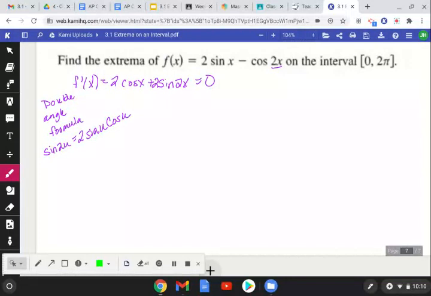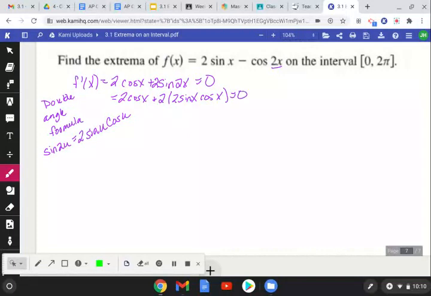So then if you look at the inside of those sine and cosine, they no longer are doubled. And so I can rewrite this as 2 cosine x because that's fine. And then plus 2 times my double angle formula, which is 2 sine, instead of u, we'll use x, cosine x, still equal to 0.